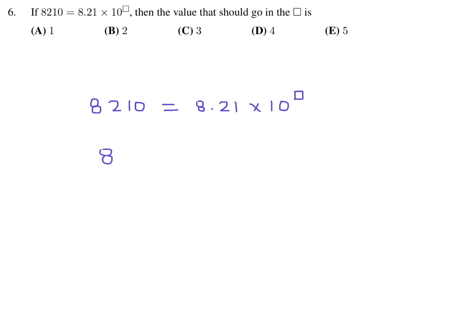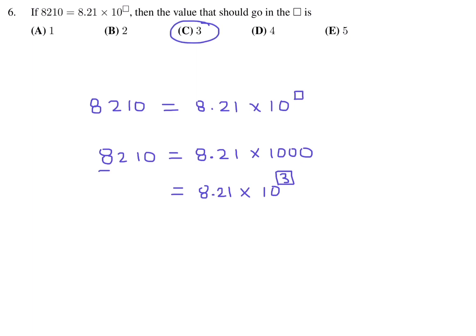Well, 8210 is 8.21 times 1,000. And that's pretty obvious because the 8 multiplied by 1,000 will give you 8,000, and that's what we have. And 8.21 times 1,000, 1,000 is 10 to the power of 3. So therefore, that box contains a 3. So number 6, the answer is C.